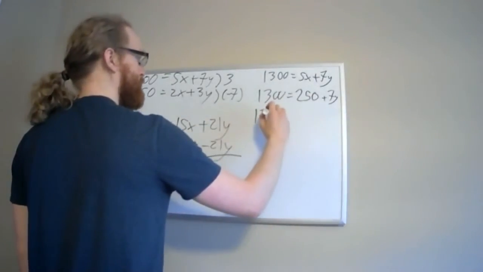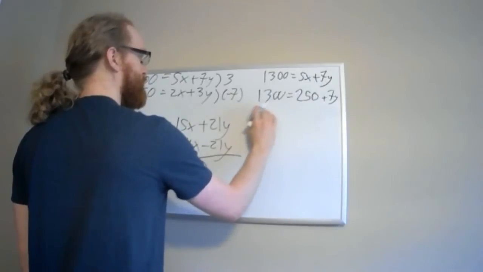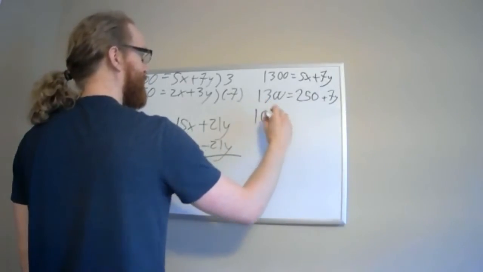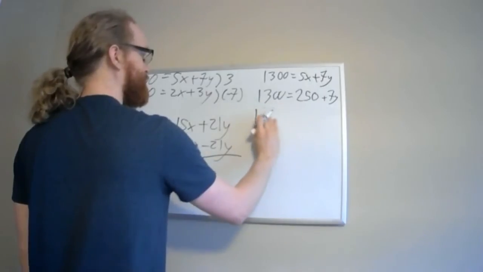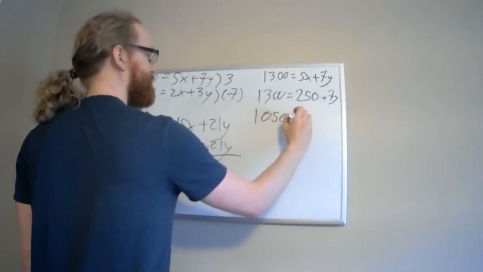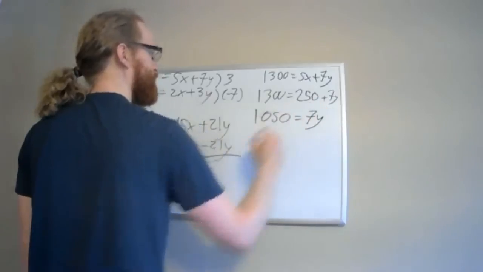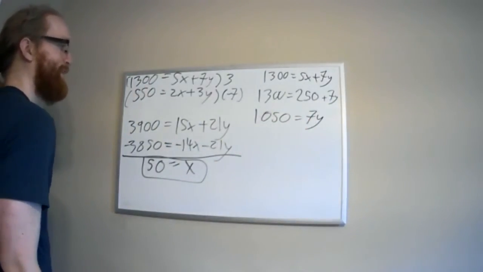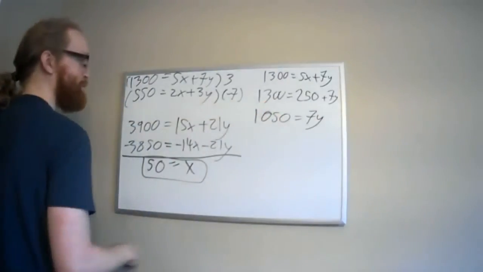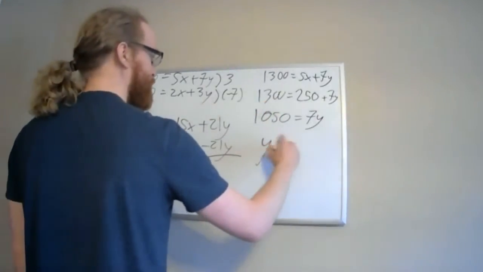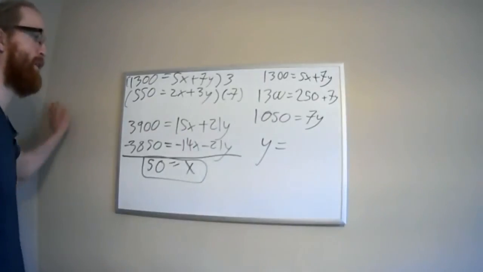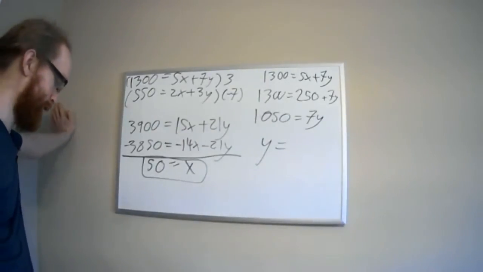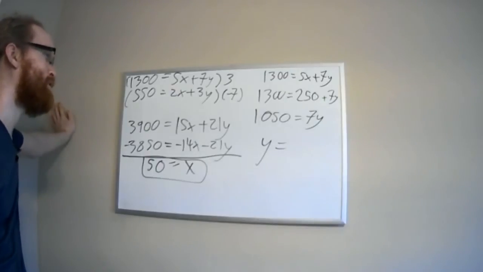That's 1,050. 1,050 equals 7y. And then y is whatever that is divided by 7. 1,050 divided by 7. And what is 1,050 divided by 7?